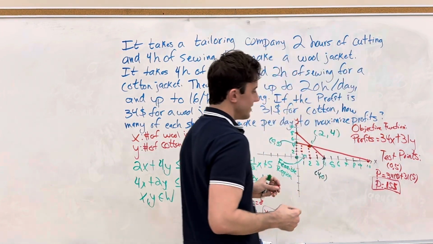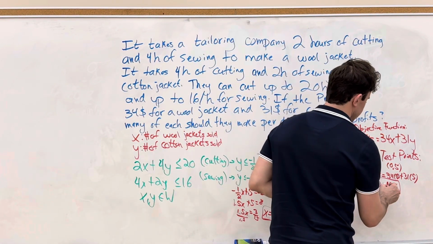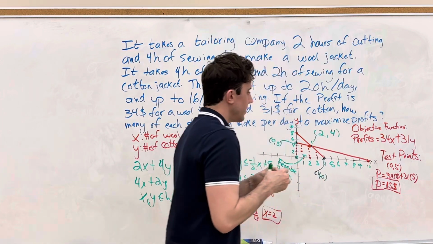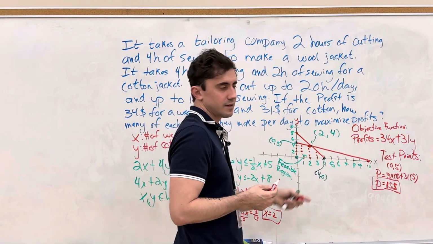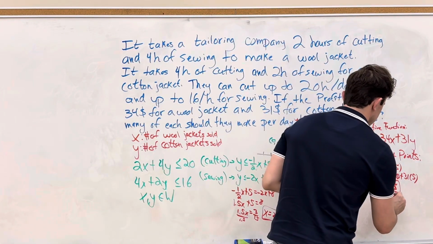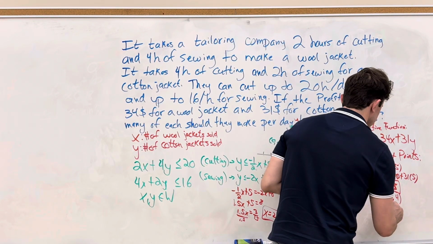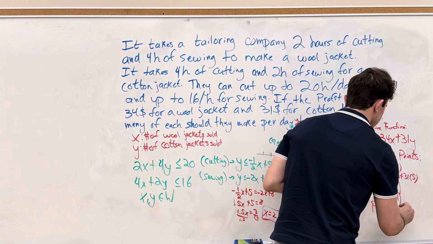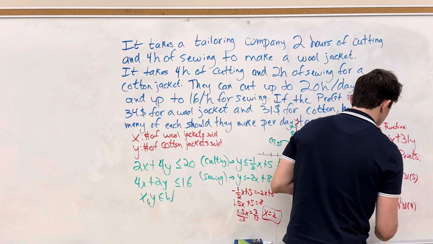Okay. Goodness, that's messy. Let me clean that up a bit. There we go. Again, if you plug in 4, 0, you'll get something a little bit less than that. But if you plug in 2, 4, then you'll get P is 34 times 2 plus 31 times 4.